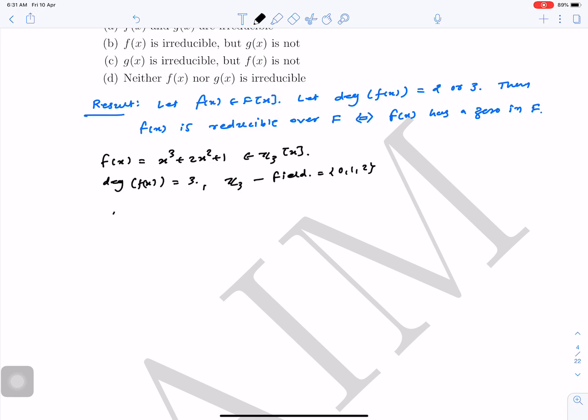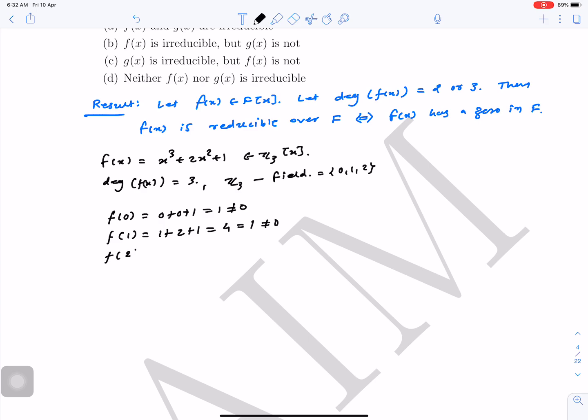So f(0) will be what? 0 plus 1, which is equal to 1, not equal to 0. f(1) will be 1 plus 2 plus 1, it is 4, and 4 is equal to 1 in Z3, which is not equal to 0.